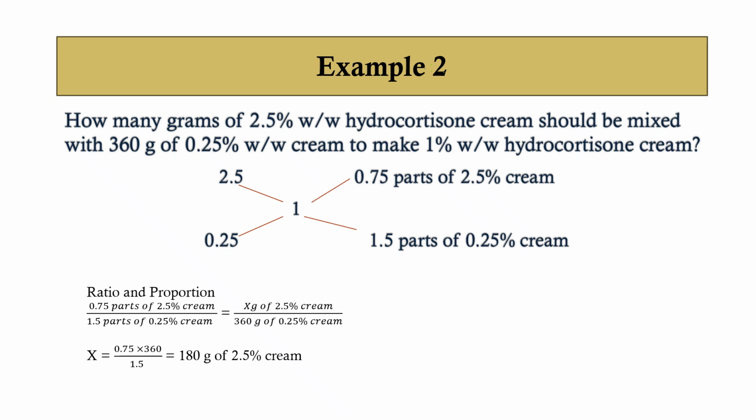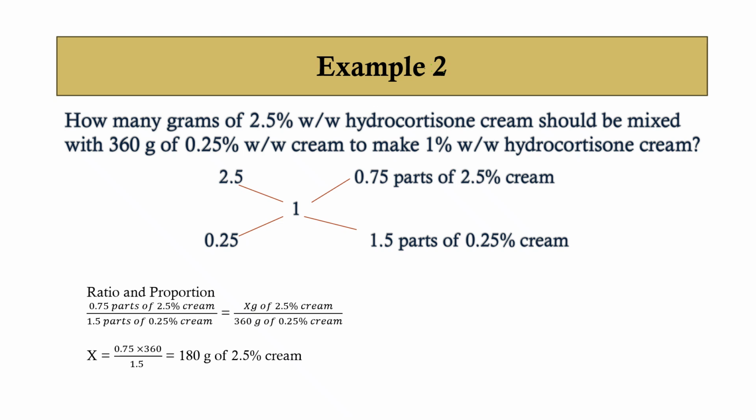So higher concentration is 2.5, lower concentration is 0.25. We're going to subtract 2.5 minus 1, that's 1.5 parts of the 0.25% cream. And then 1 minus 0.25, that's 0.75 parts of the 2.5% cream.